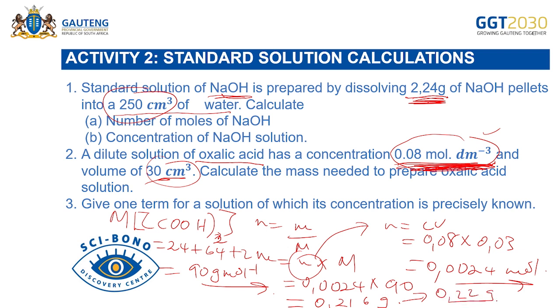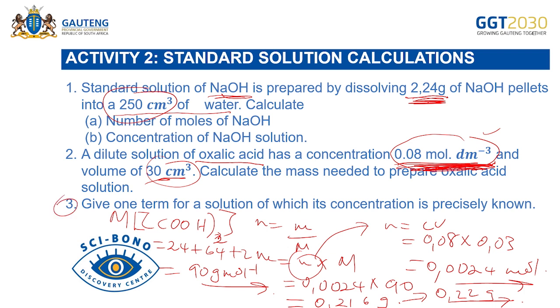That is the mass of oxalic acid needed to prepare 0.08 mole per cubic decimeter solution of oxalic acid with a volume of 30 cubic centimeters. All right, so that is our number 2.